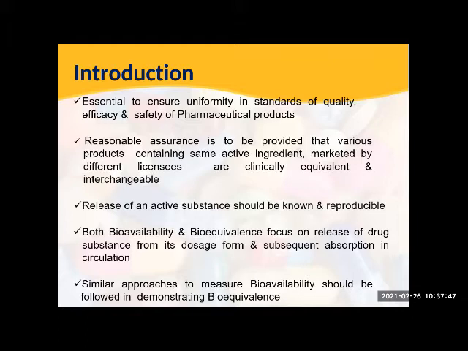When he knows that this other brand of drug is bioequivalent to the first brand of drug. Okay, so these studies assure us that even if we take another brand of drug, it will produce the clinical effect to the same extent.